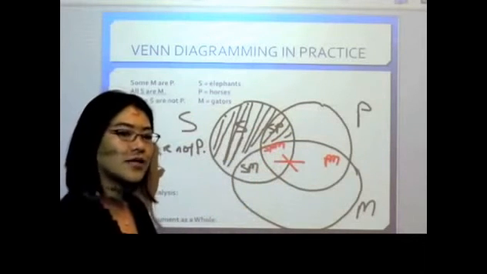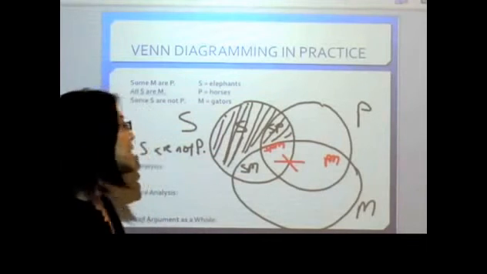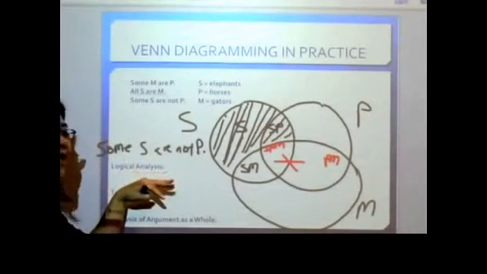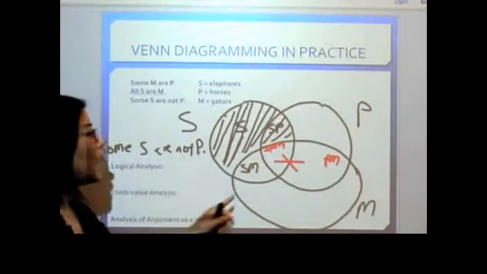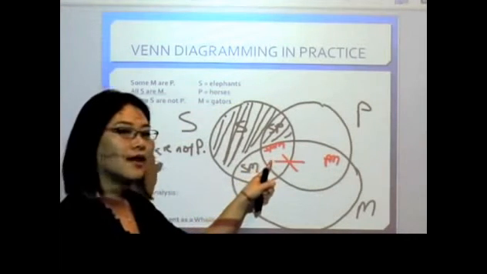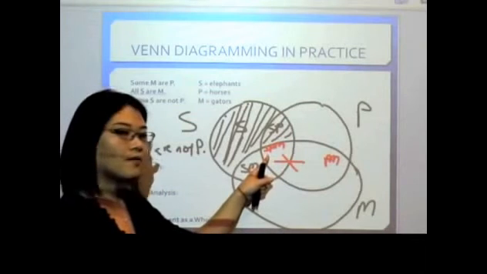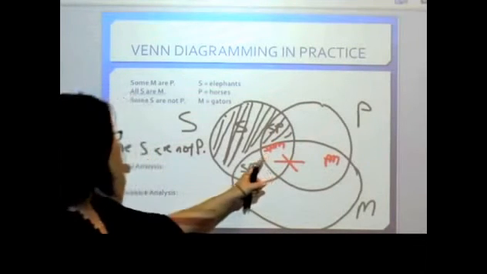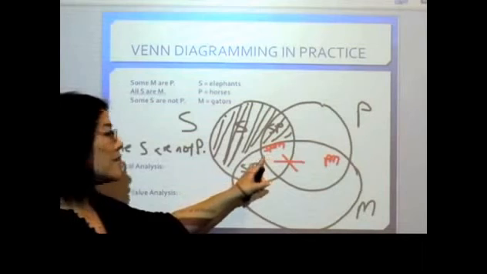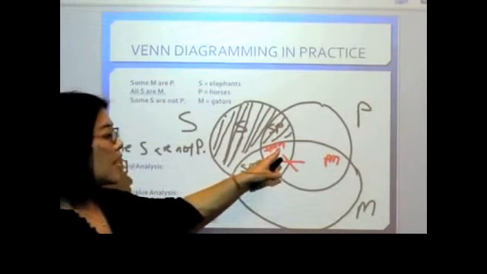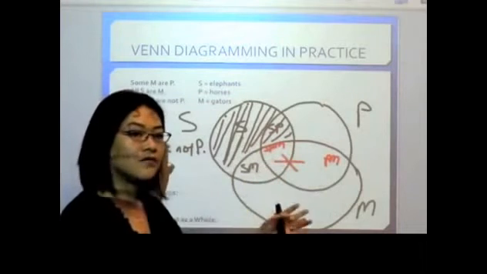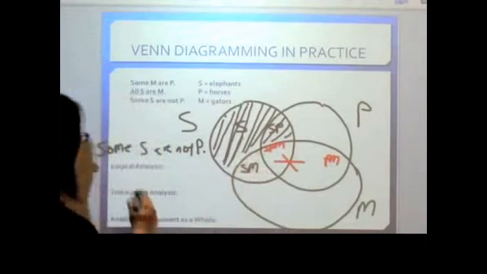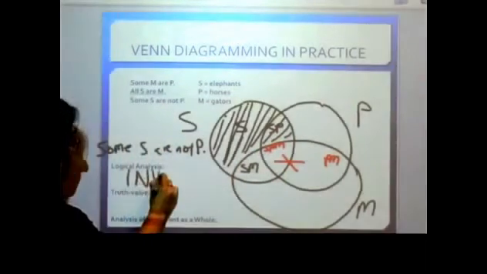And the reason for that is because what we need is an X that's inside an area where some S are not P. And in this area here, this is an area where you have some S's that are P's, okay? So here you have S, P, and M. So even if there was an X in this area, it would be an invalid argument. So this is actually an invalid argument.